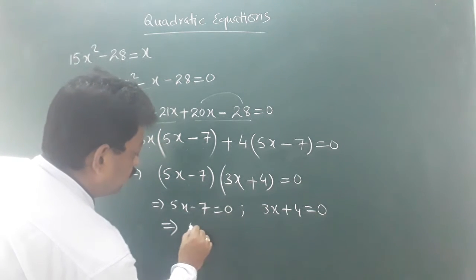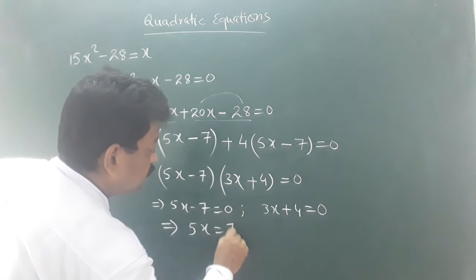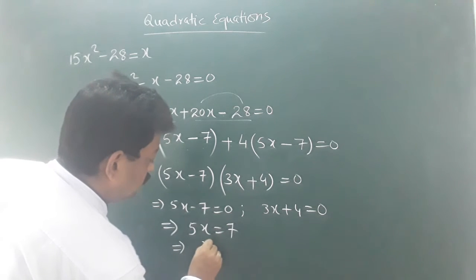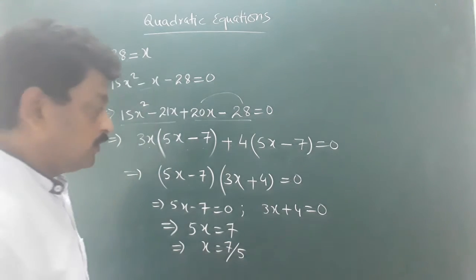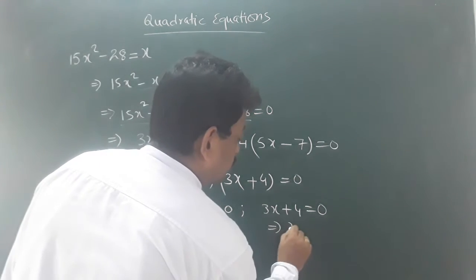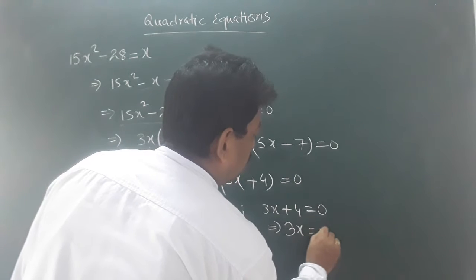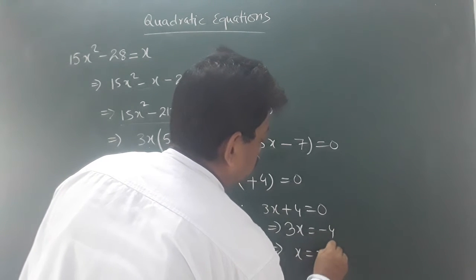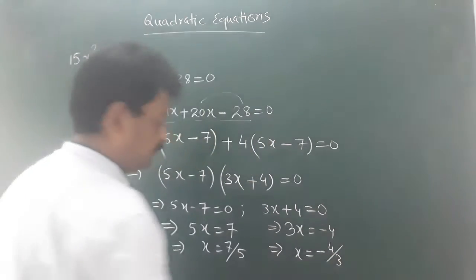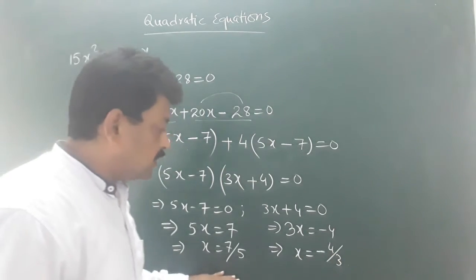We are getting 5x equals 7, or we can write x equals 7 upon 5. Understood? Similarly here, 3x equals minus 4, so x equals minus 4 upon 3. Okay, so these are the two roots.